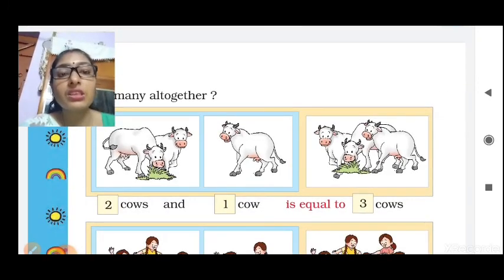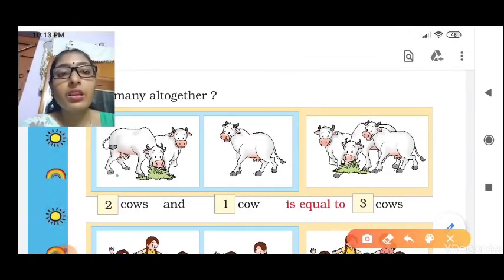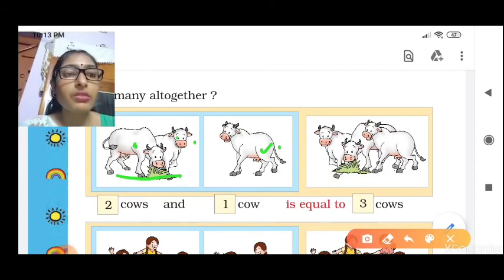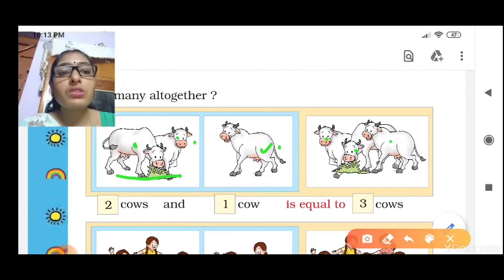The first picture has 2 cows, 1, 2. The second picture has 1 cow. So total how many do you have? 1, 2, 3. So 2 cows and 1 cow is equal to 3 cows altogether.